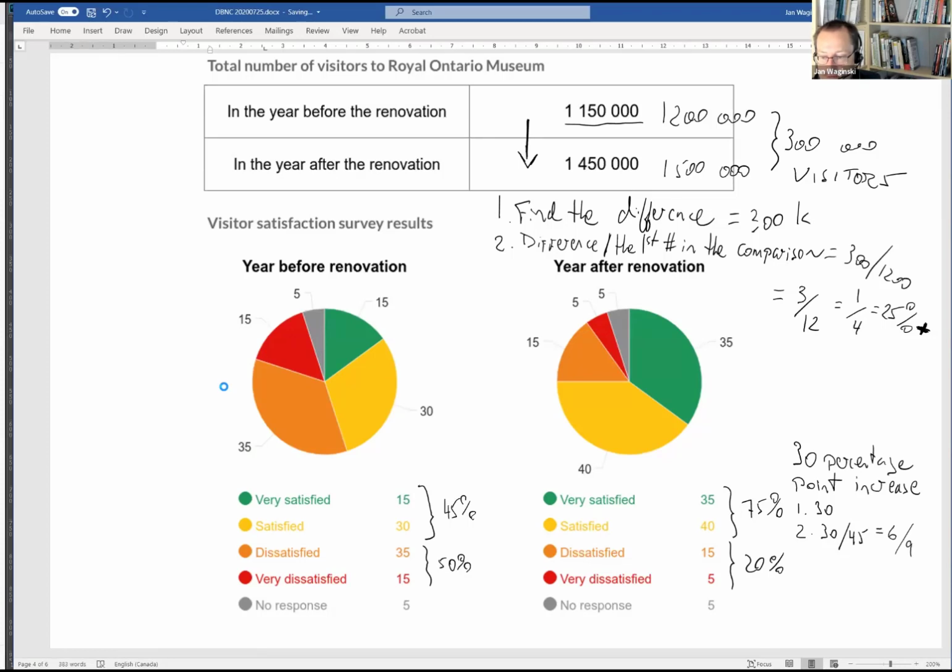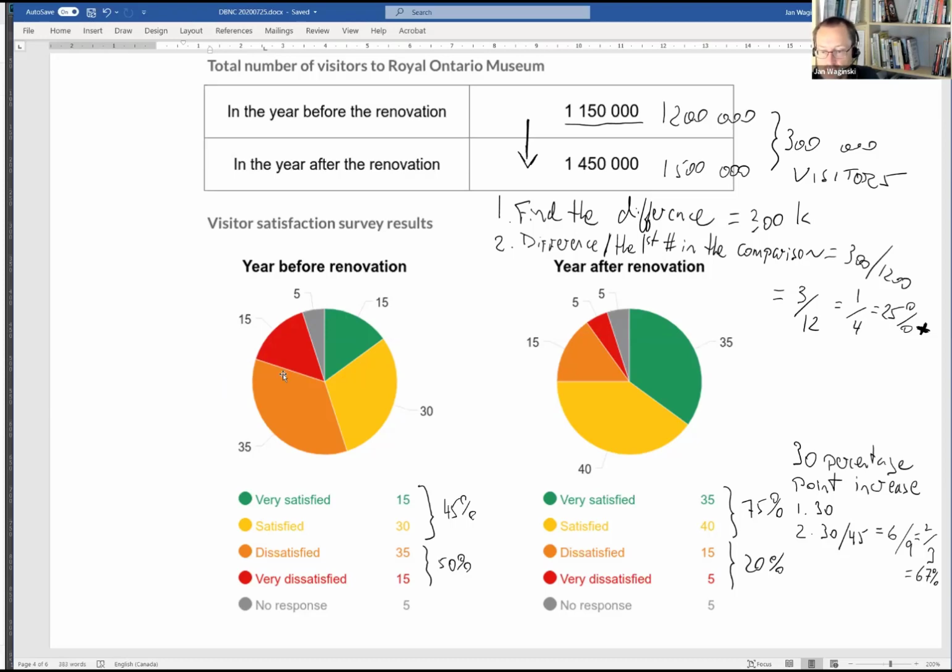So 6 over 9 we can further reduce by 3, which equals 2 over 3, which is 67%. So it's a 67% increase in overall visitor satisfaction. I would use that phrase, overall visitor satisfaction, and then you can break it down into very satisfied and just satisfied.